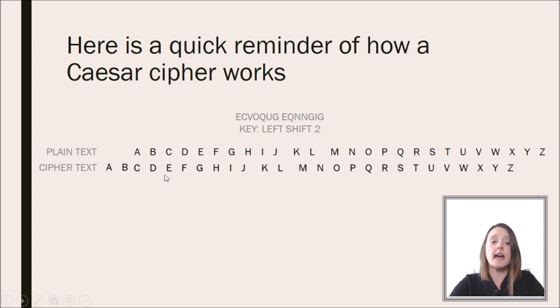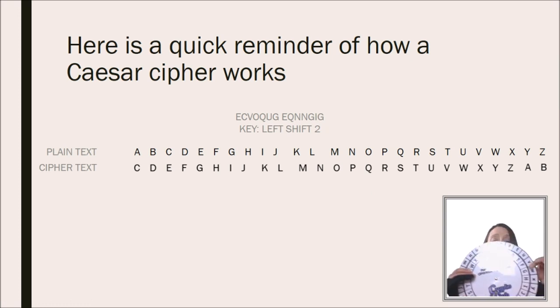What you'll notice now is that A and C line up, but that makes A and B a little bit redundant at the front here. However, there's no letters corresponding with Y and Z. So A and B need to move to the end of the alphabet and join up again. So it's basically like the alphabet starting again. But in this particular case, A becomes C, B becomes D, and so forth. We have shifted by 2 places.